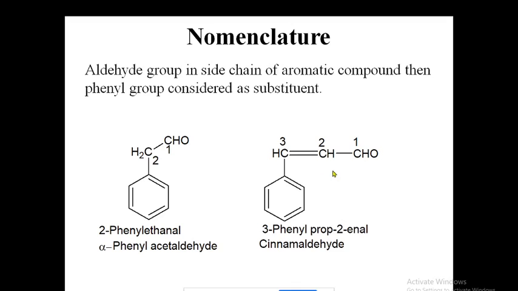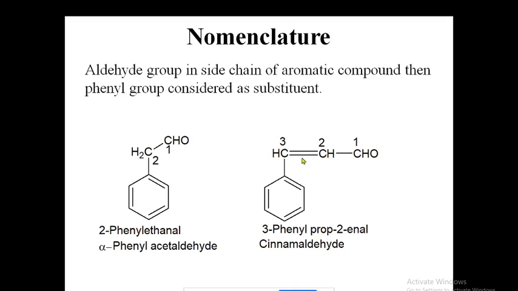One more compound, in which the aldehyde group is also present in the side chain. As it is present in the side chain, again the phenyl ring is considered a substituent. So 1, 2, 3. Now here the aldehyde group is at carbon number 1, the double bond starts at the second, and at the third position phenyl is there. So therefore 3-phenyl. As 3 carbons are in the parent chain, it's a propane derivative, so I have written prop.